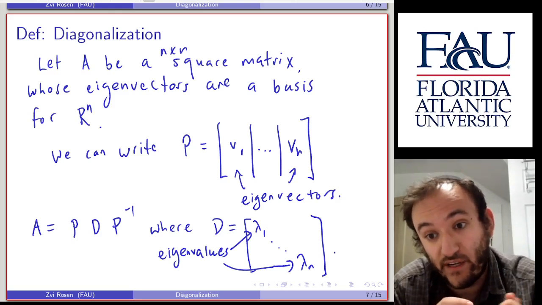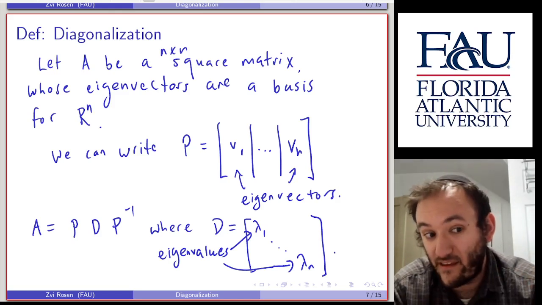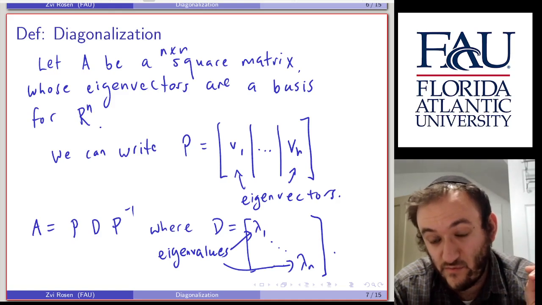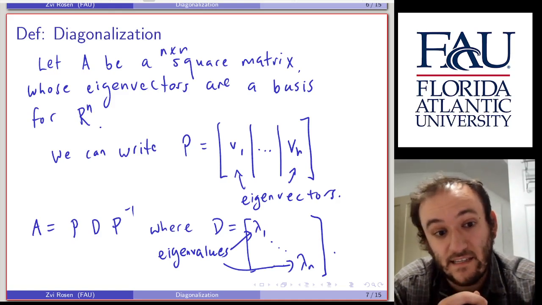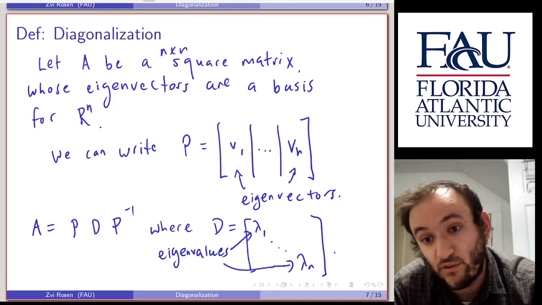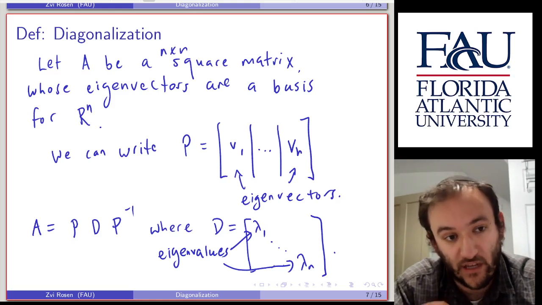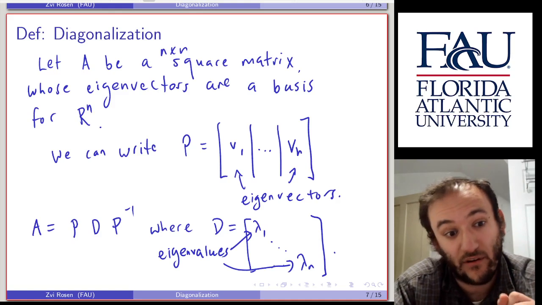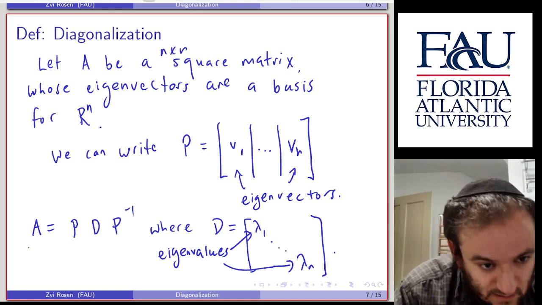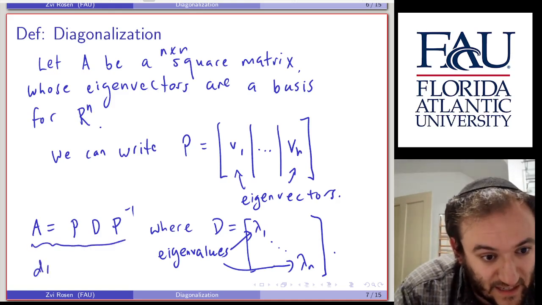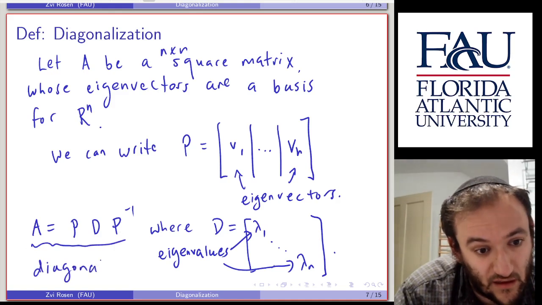That's what P inverse does. Then you apply the eigenvalues, because you're just scaling each of these axes, and then you switch back to your original basis. So that's really what A is all about, and that's what the diagonalization is all about. This factorization is called a diagonalization of A.